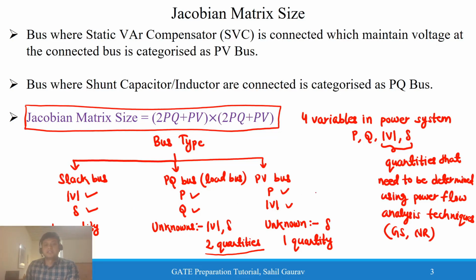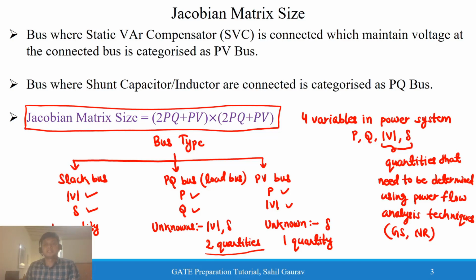But whatever I am concerned with here is which quantities we solve using the power flow technique, that is, using the Newton-Raphson method. We find the voltage magnitude and delta, not the active and reactive power. After knowing the voltage and delta, you can find the active and reactive power using the power balance equation and so on.